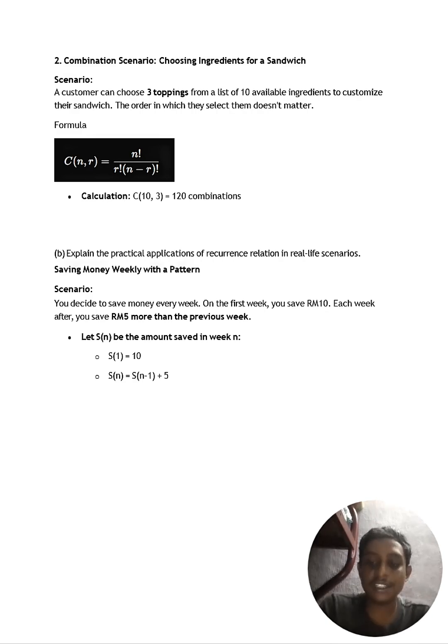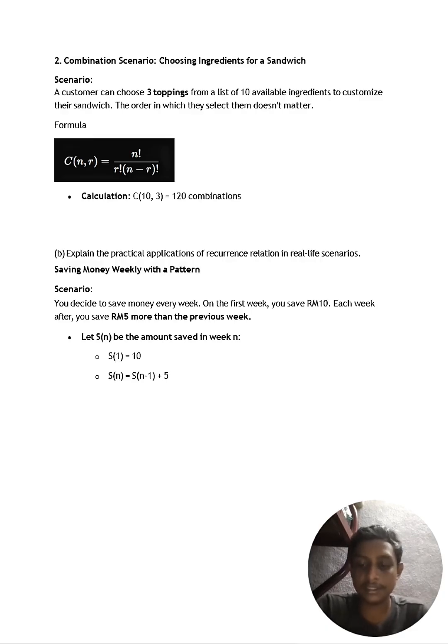We define the function S(n), which represents the amount saved in a week. The base case is S(1) equals 10, so you start with 10 ringgit. Then S(n) equals S(n minus 1) plus 5, which means you add 5 ringgit more than the previous week's saving.